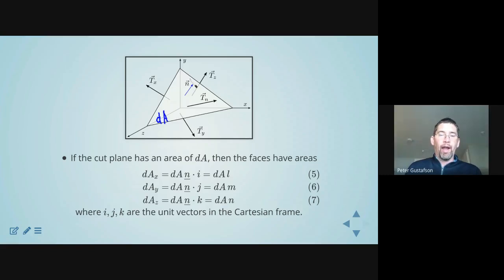So after taking it down from 6 external surfaces and making a cut, we now have 4 total external surfaces, one associated with Tx over here, one associated with Ty, one associated with Tz. The area of the largest surface, the one that is the normal n surface, has magnitude dA. And then just using the direction cosines, we can compute the areas of the other triangular surfaces. They are dA times L, dA times M, and dA times N.